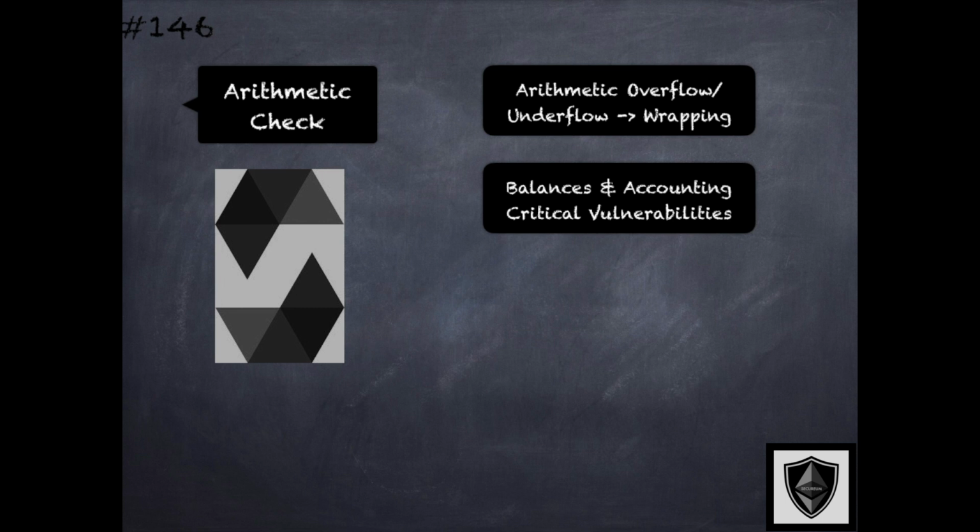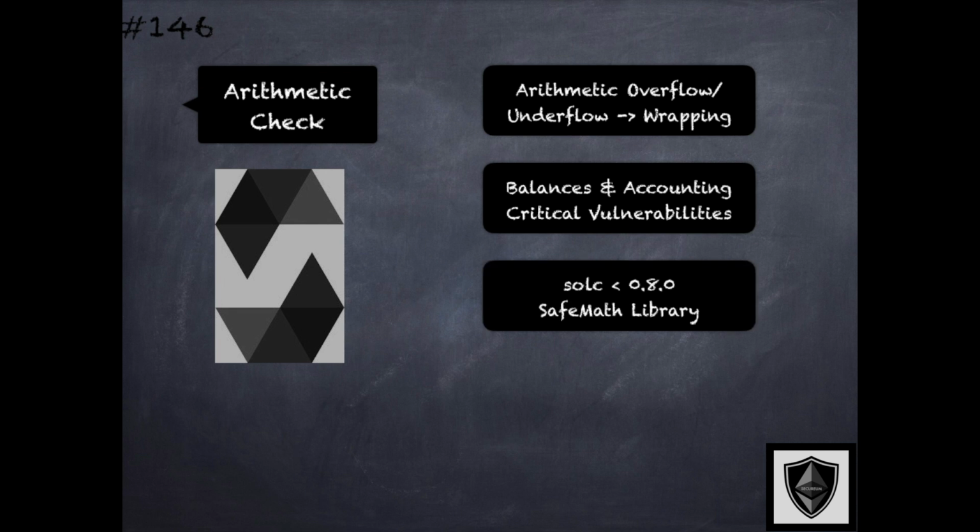So such overflows or underflows of balances or other accounting aspects related to such variables can and have resulted in critical vulnerabilities. These checks, until Solidity version 0.8.0, had to be implemented by the developer themselves, either within their own smart contracts or by using OpenZeppelin's SafeMath library, which provided various arithmetic library functions for addition, subtraction, multiplication, division, and so on, that implemented these checks in the library functions.